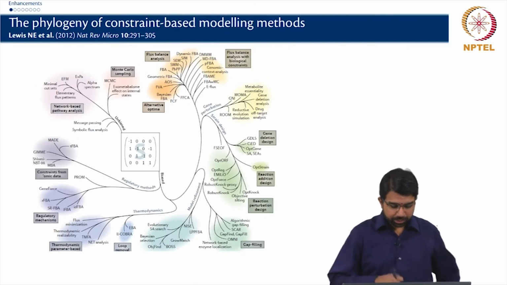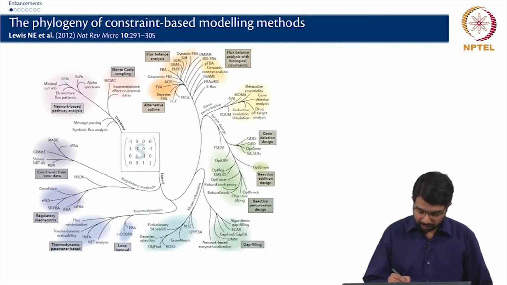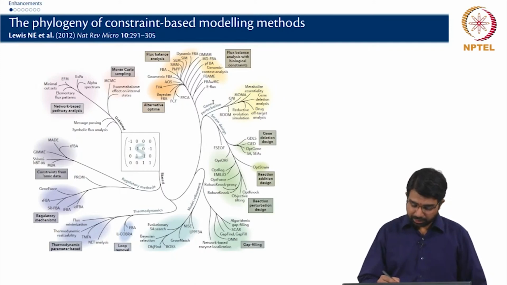So, there are FBA based methods here. There is Bayesian FBA, flux variability analysis, geometric FBA, parsimonious FBA, E-flux, something we will talk about today, then dynamic FBA and so on, and then gene perturbation, ROOM, MoMA, metabolite essentiality, gene deletion analysis, strain design, flux scanning using enforced objective flux, something we already saw.